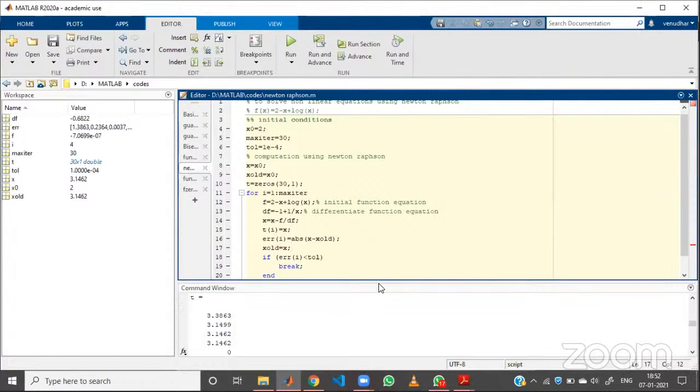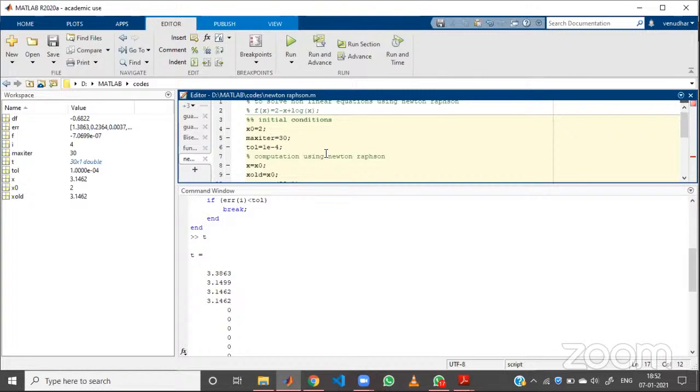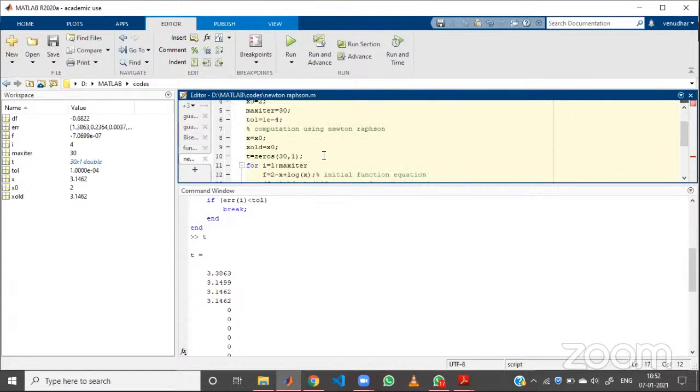Okay, got it. We are only getting 4 values of x, the other values become 0. It means that we are getting our desired answer up to the 4th iteration only. See, i is equal to 4 here, means till the 4th iteration we got all the values of x.